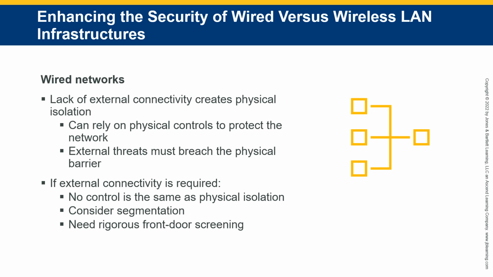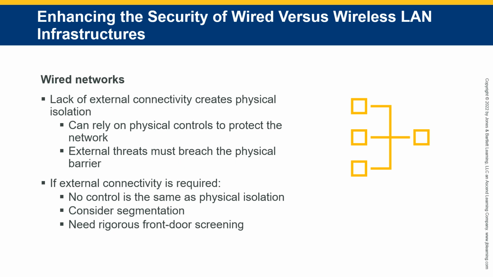Keep the doors locked. Keep them out of things. External threats must breach the physical barrier. So that means usually if you have a physical network, somebody has to actually get on site and connect to it.